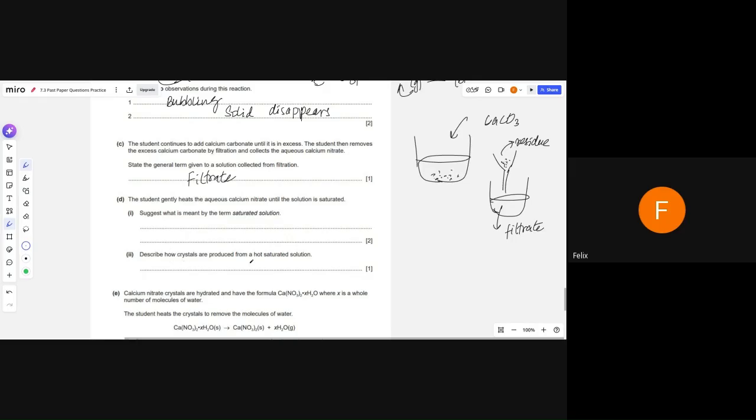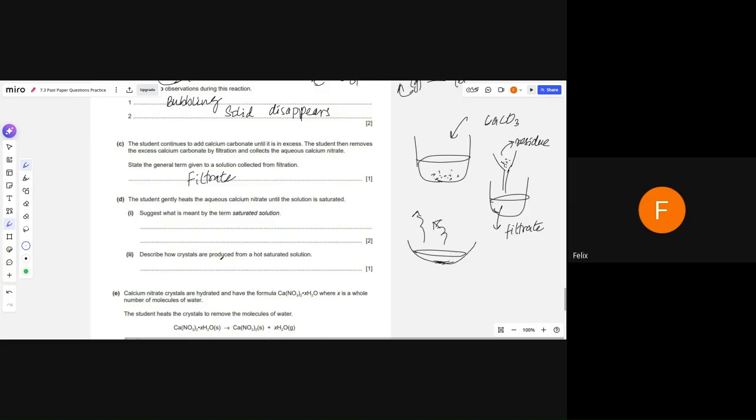Describe how crystals are produced from a hot saturated solution. It is allowed to cool down gradually. So most of the water is evaporated in an evaporating dish. When most of the water evaporates, the salt that was once soluble will not be able to remain soluble, and it will start to precipitate out.